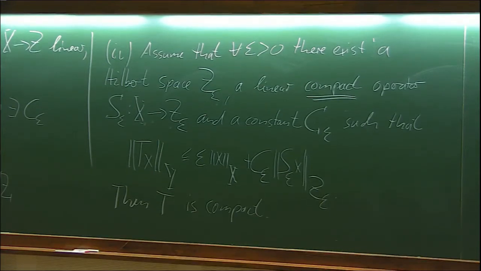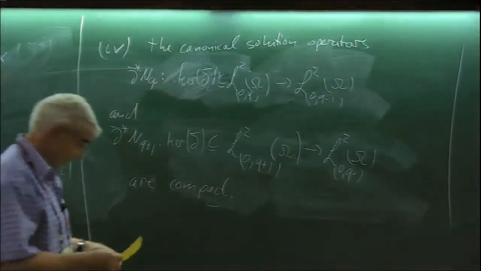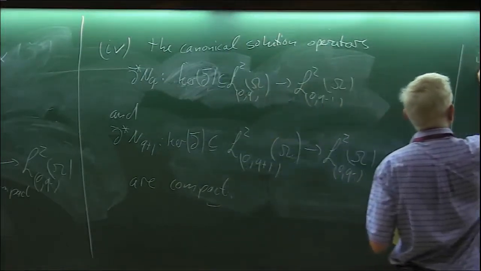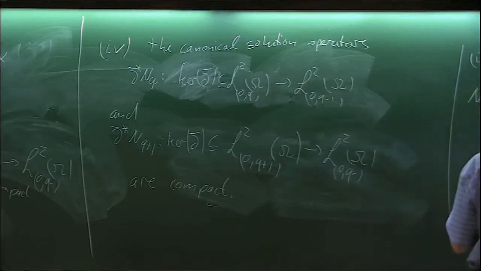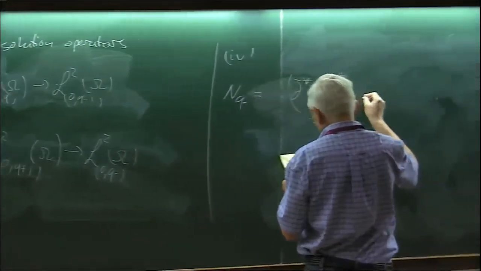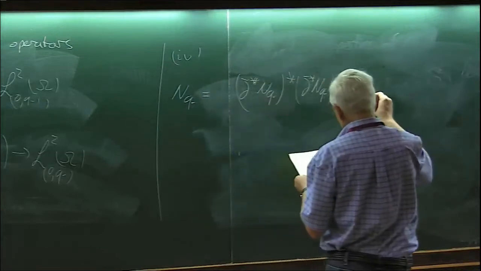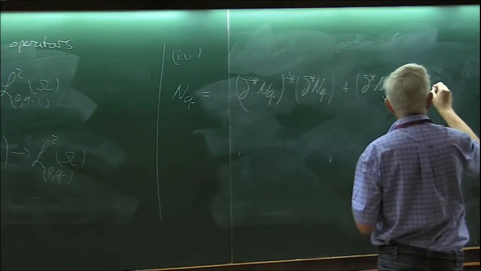And in the other direction, we use the first part of the statement. For this, those of you who looked at the handout have seen this. This follows from what's sometimes called Kohn's formula, namely, one can express N_q in terms of these solution operators in the following way: it's d-bar star N_q, its adjoint, d-bar star N_q plus d-bar star N_q plus 1 times its adjoint.